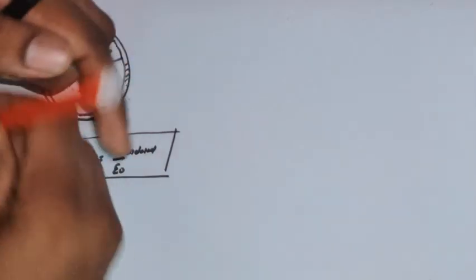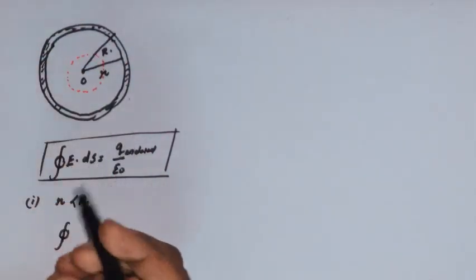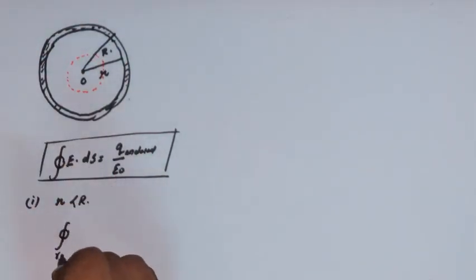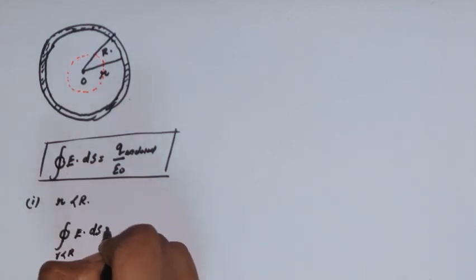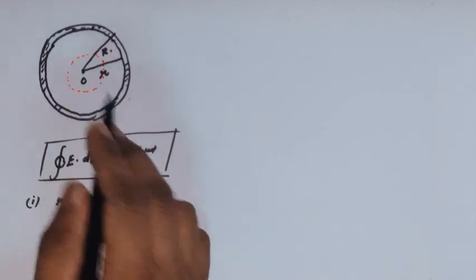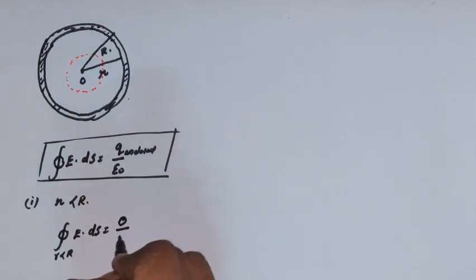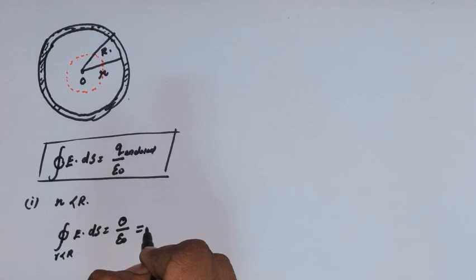So for the closed surface with r less than R, the integral of E dot dS equals the charge enclosed divided by epsilon naught, which is 0 because there is no charge.